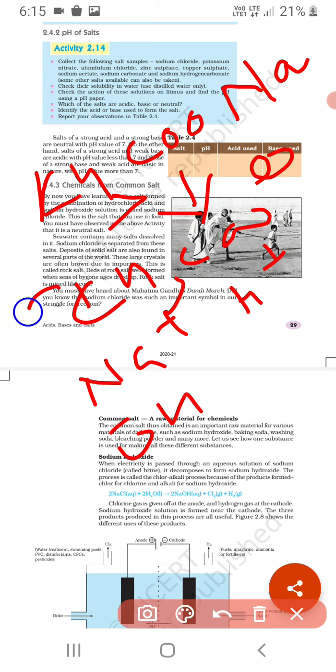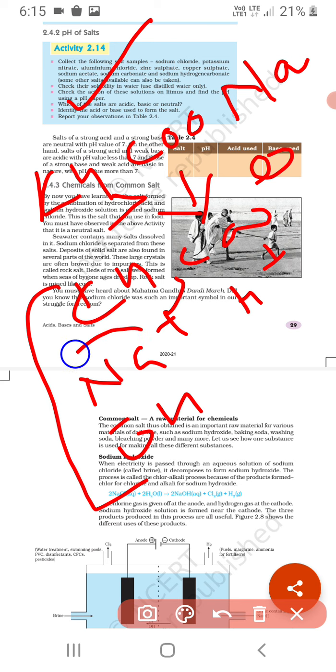So there is a combination of a weak acid, that is acetic acid, and a strong base, which is NaOH. A certain amount of acetic acid is neutralized by NaOH, but NaOH is a strong base, so the given salt, sodium acetate, is basic in nature when we take its aqueous solution.